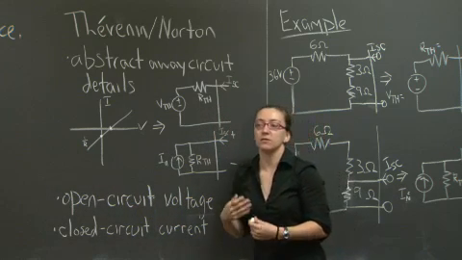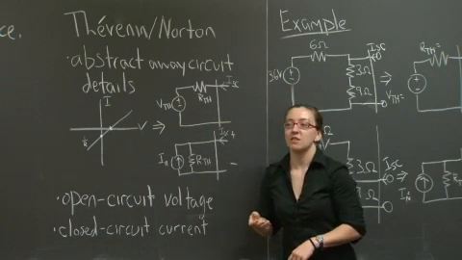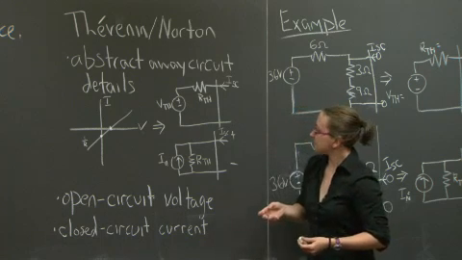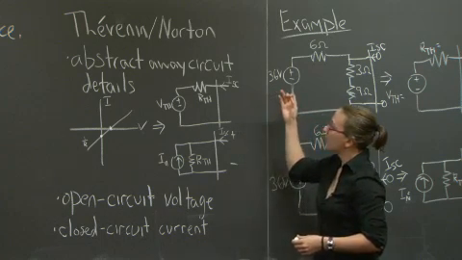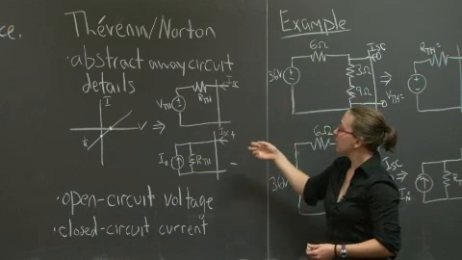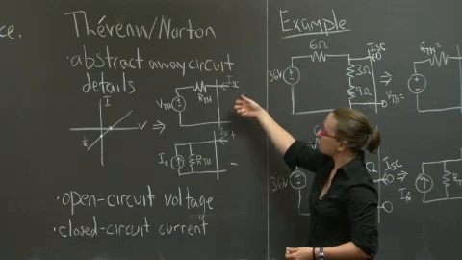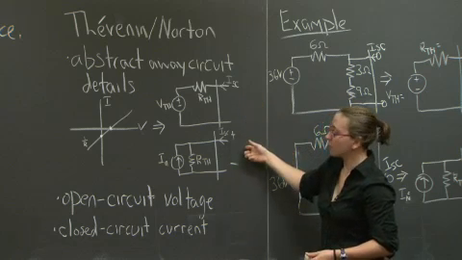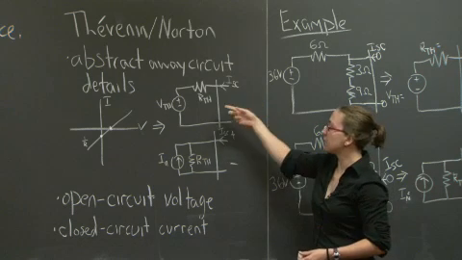If we're only dealing with a voltage source or a current source, then we're only going to be dealing with a straight line. Once we've solved for these values, we tend to express them either as a Thevenin equivalent circuit or a Norton equivalent circuit. And you can convert between the two.